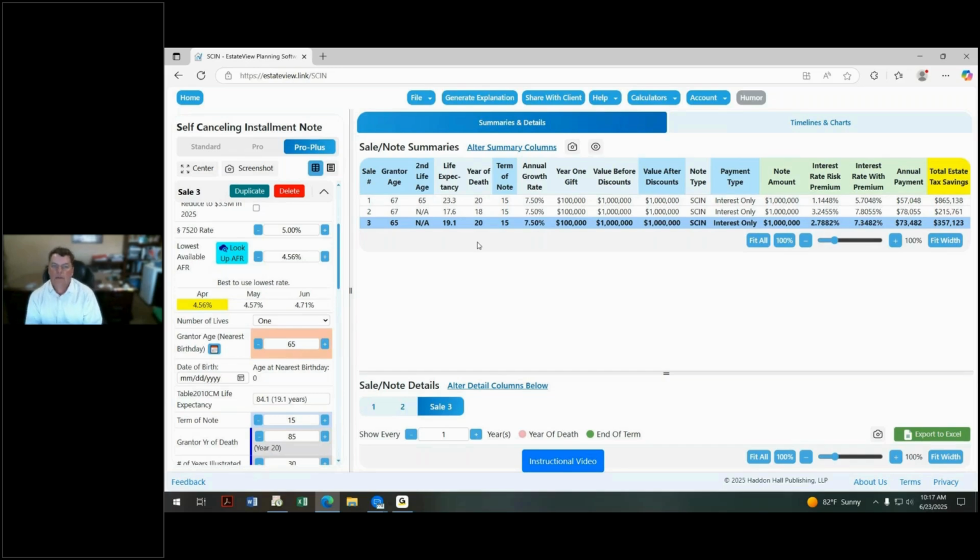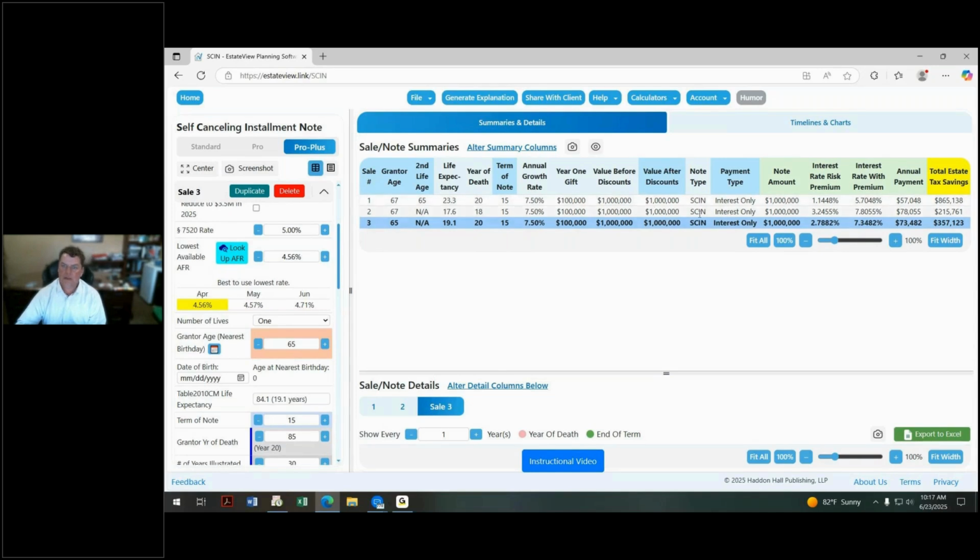So I have one note where if I have a 67 and 65-year-old, you can see the life expectancy is 23.3. If it's only the 67-year-old signing the note, the life expectancy is 17.6. And if it's only the 65-year-old signing the note, the life expectancy is 19.1. So for this, I picked, let's just say, a 15-year note.